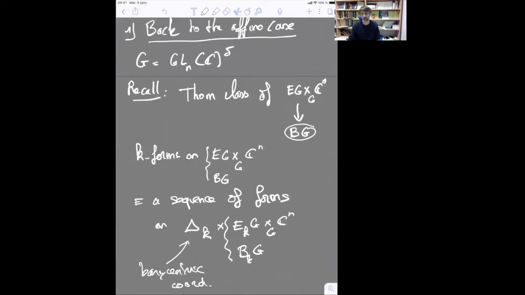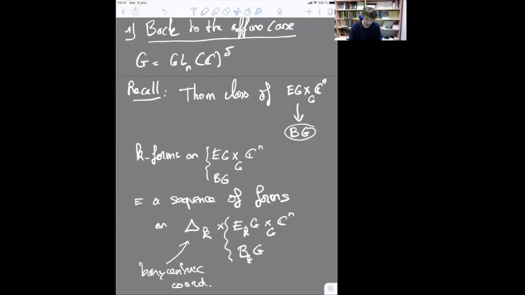And then you can consider a differential form on this product. If you take delta k times BKG, it's just a differential form on the k simplex, because BKG is only a set of points, and you want this form to glue along the faces using the gluing map that I have described last time.